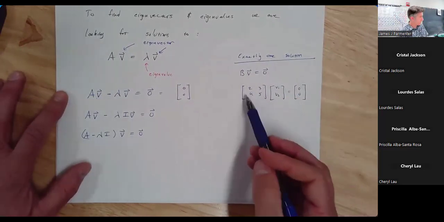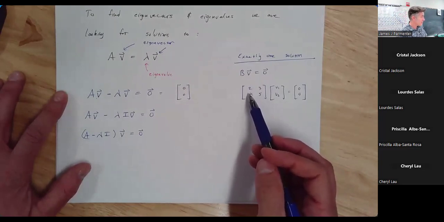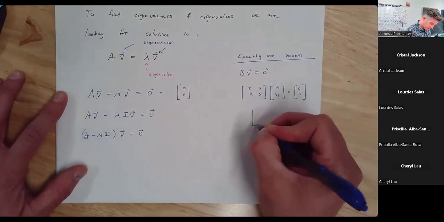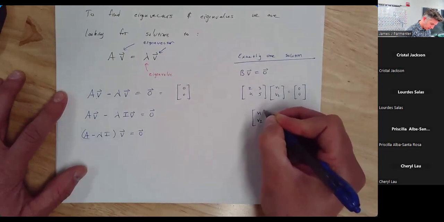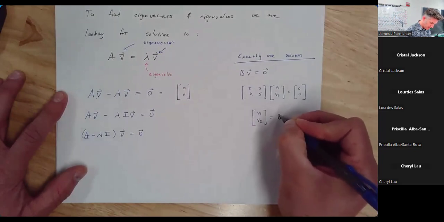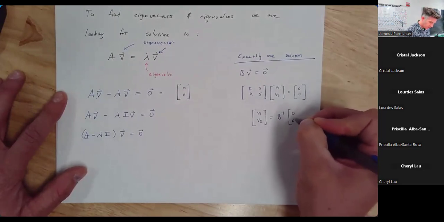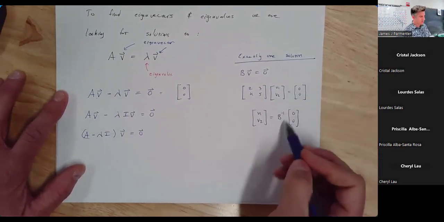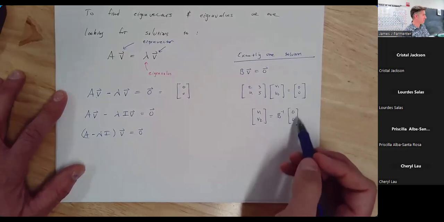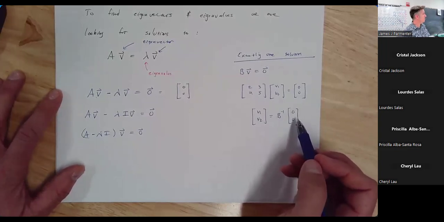If this matrix is invertible, which it is, then you're going to get V1, V2 equal to whatever the inverse matrix is times the vector 0, 0. But if you take a 2 by 2 matrix and multiply it by the vector 0, 0, what are you going to get?